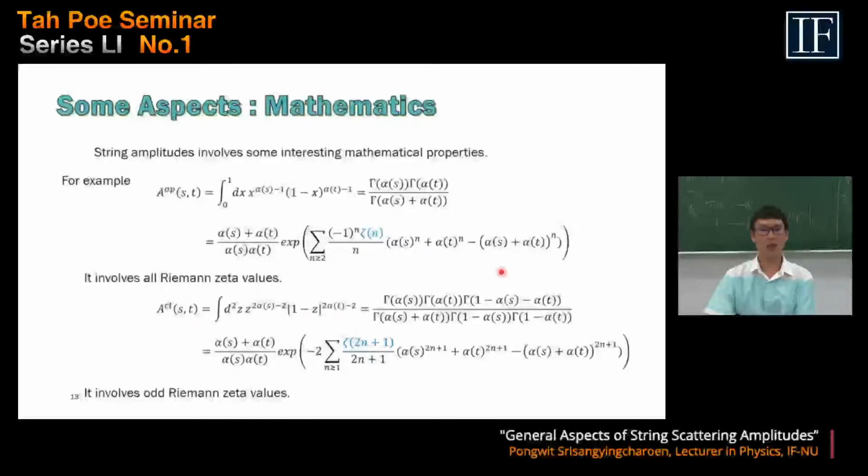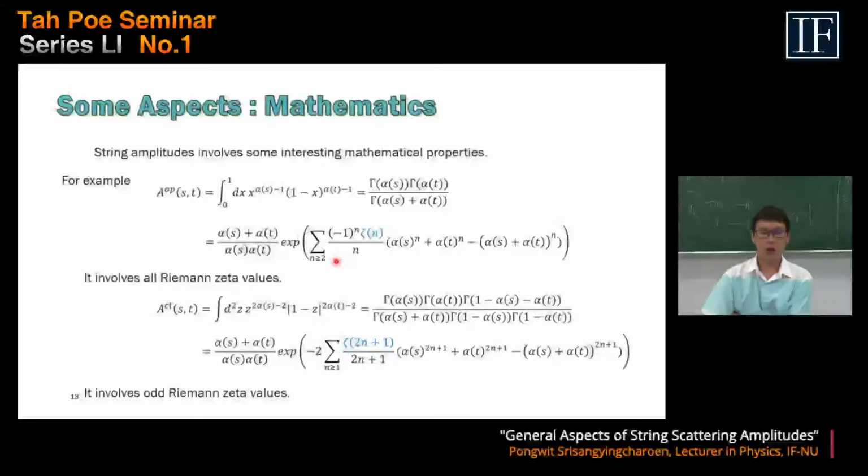You can see that the expressions are very alike, right? And this conjecture is called the single-valued map. So if you do a single-valued map on the zeta values of the open string, the open string amplitude will turn into the closed string amplitude in that conjecture.